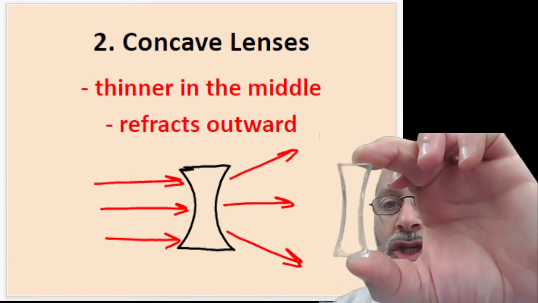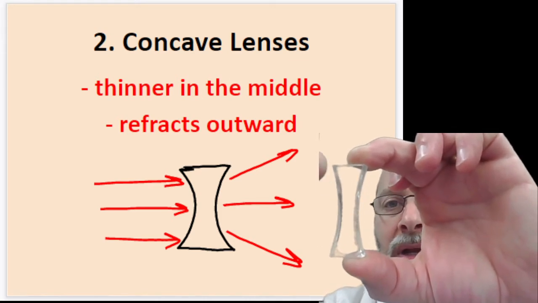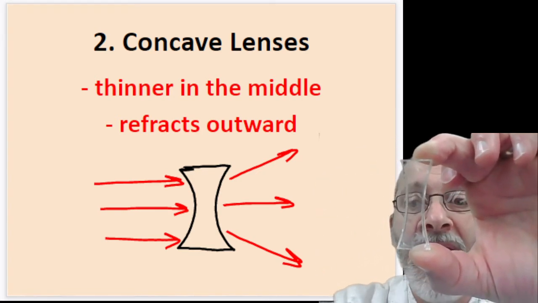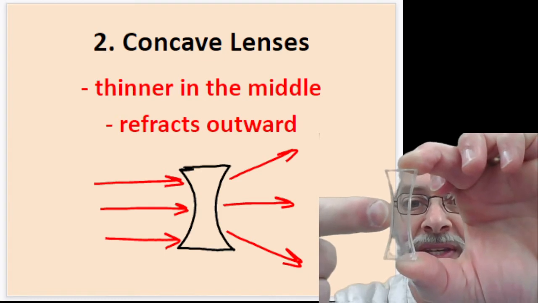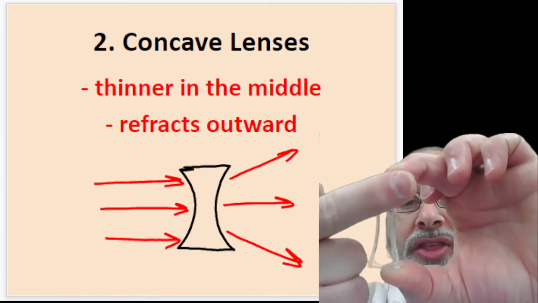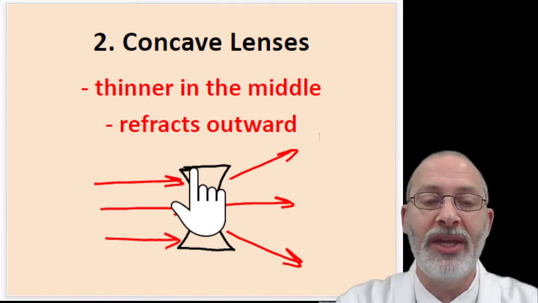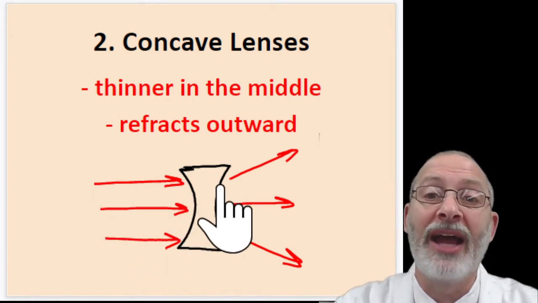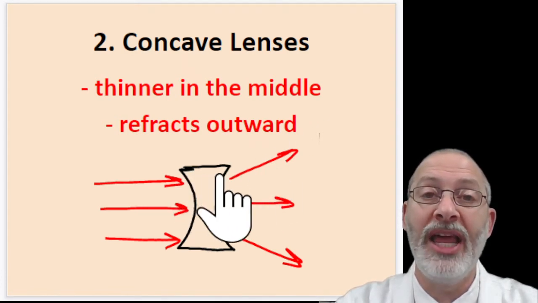A cross section of a concave lens is thinner in the middle and thicker on the sides. As light enters a concave lens, the light is always refracted to the thicker portion of a lens. So in the case of a concave lens, the light is refracted outward because that's where the thicker part of the lens is.